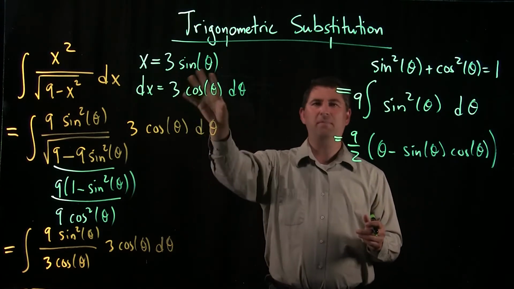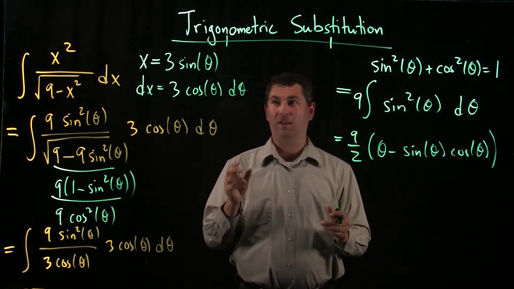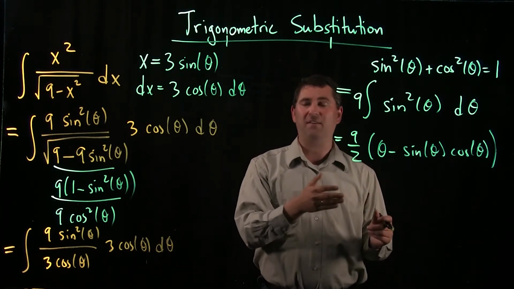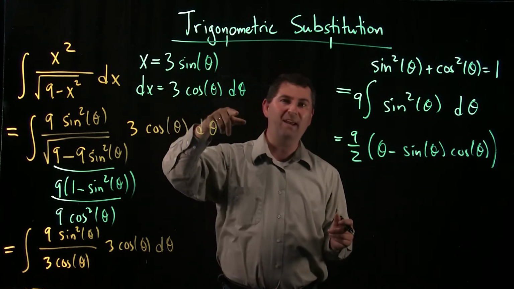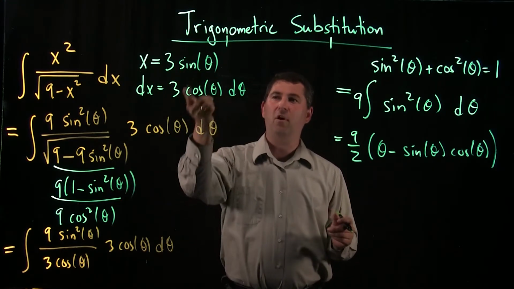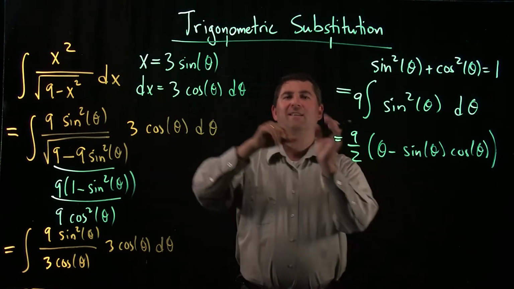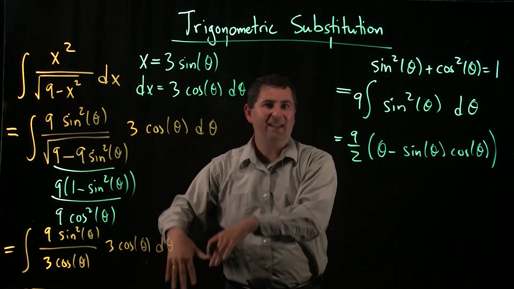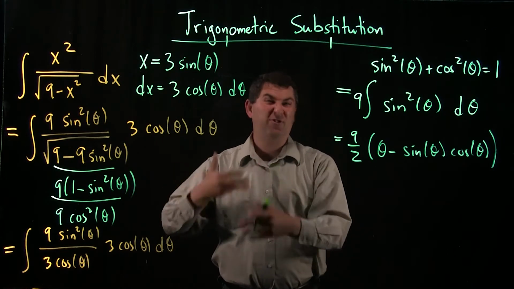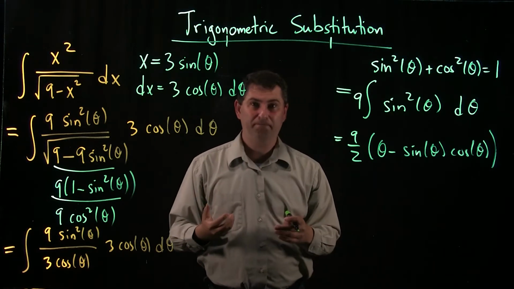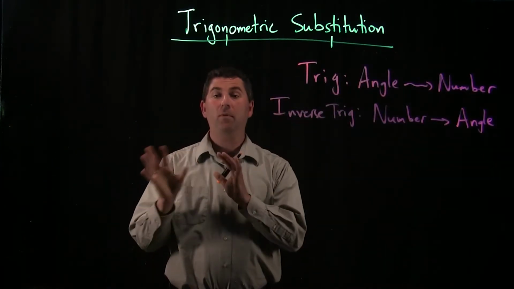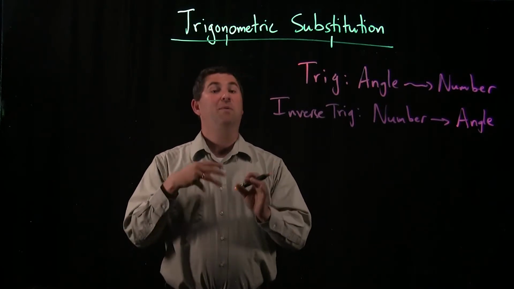Well, we didn't substitute the way we're used to, where we would say u equals some function of x. Now the x is written in terms of the theta. So we're going to have to solve for theta. All right, let's move this over to this side of the board, clean this off a little bit, and try this step again. Before we finish with that antiderivative, we're going to have to talk about some trigonometry.